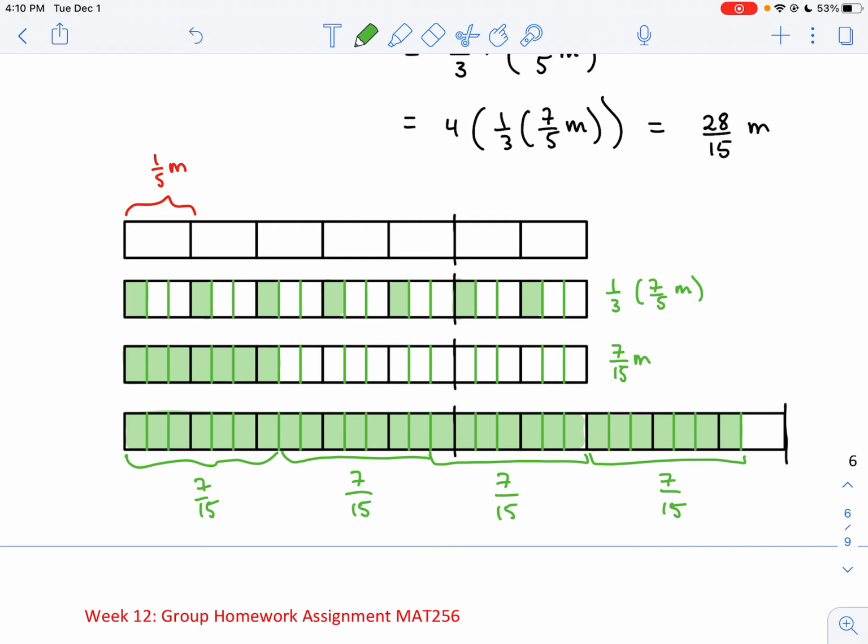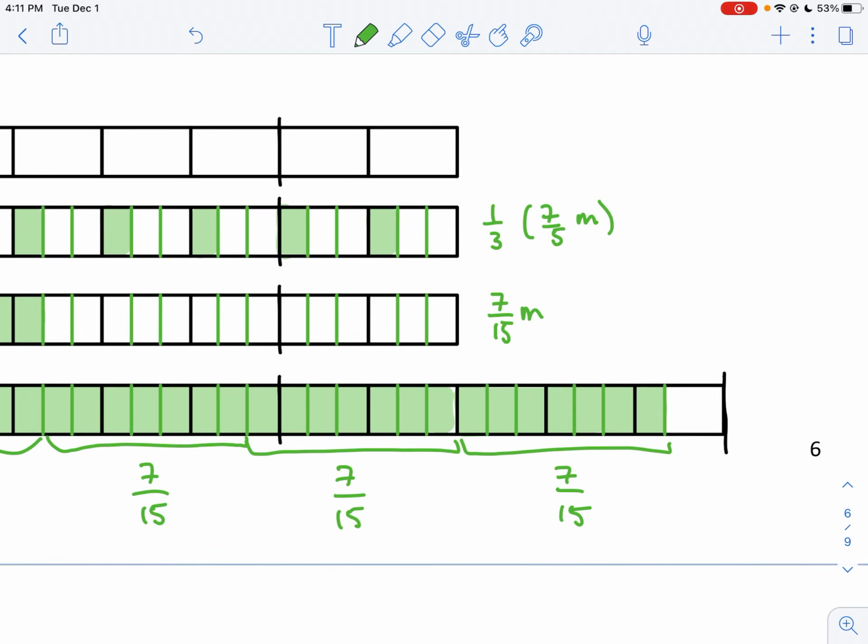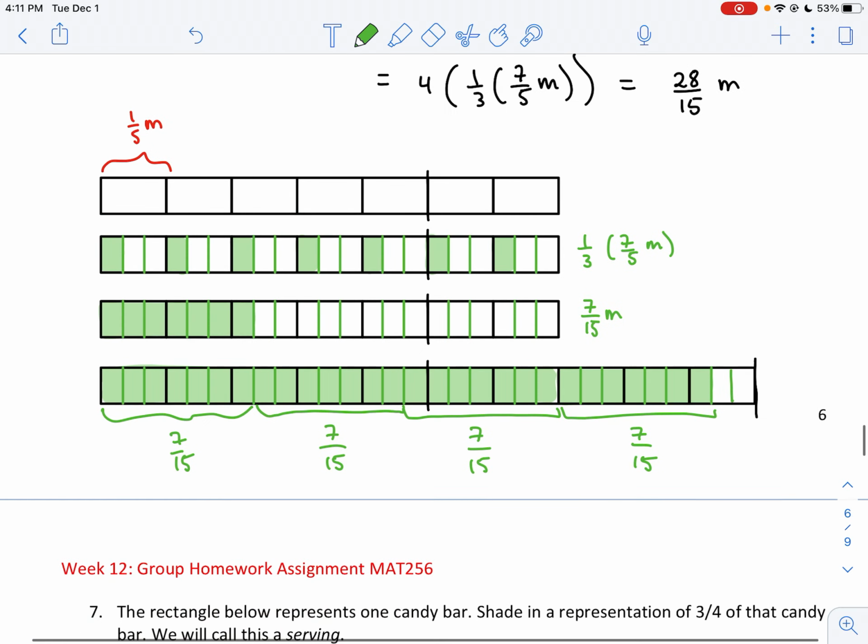Maybe different colors for each 7/15 would be nice, so you can see that there are now 4 of them. Once I found 1/3 of 7/5, and then I did 4 copies of that, now you can see how many meters we have in total.